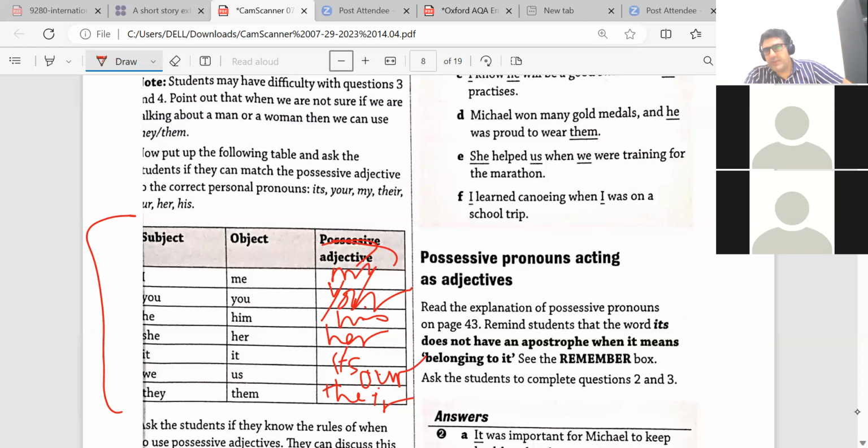It means this car belongs to me. That's why we use them as adjectives. Because in the next point, I'll explain how we use the pronouns as nouns. This is your question, Ya Akram.